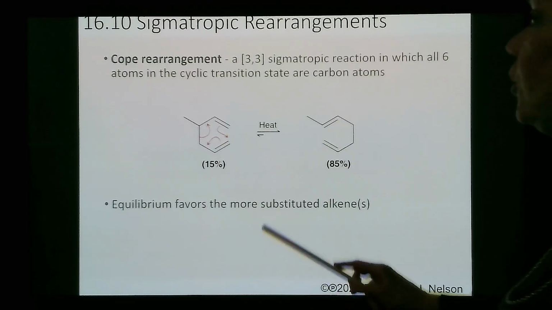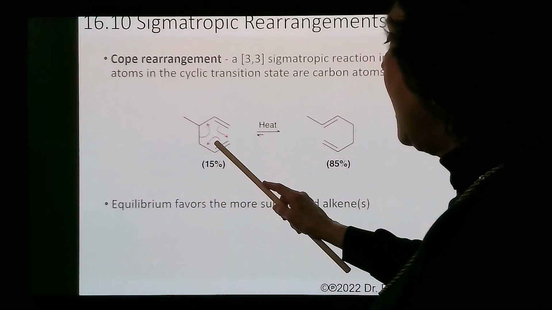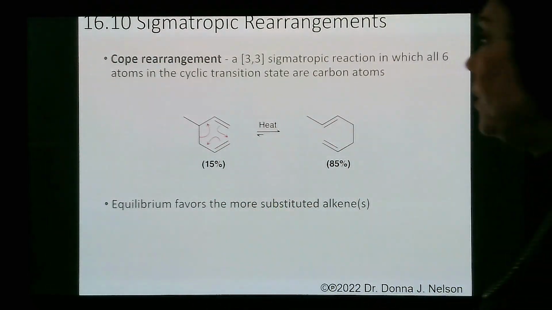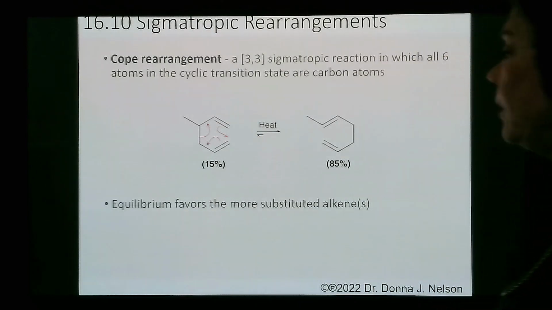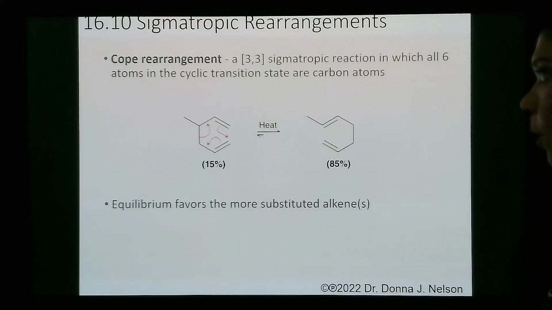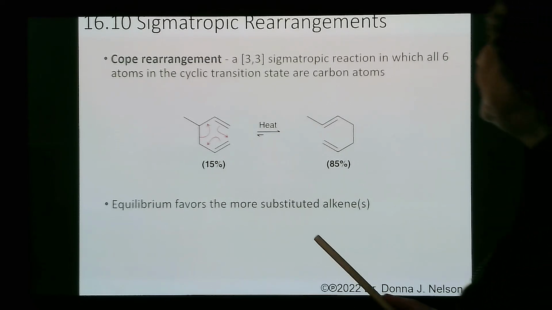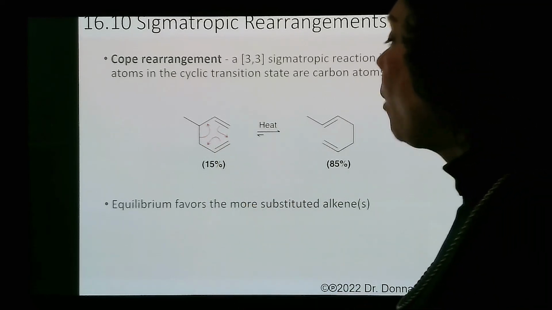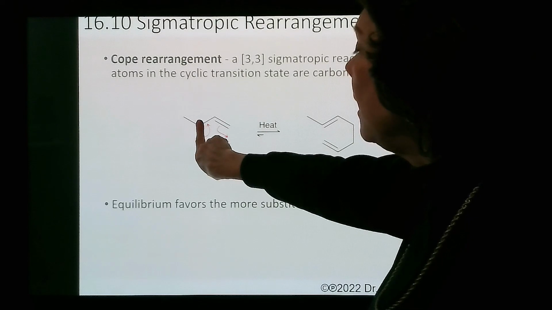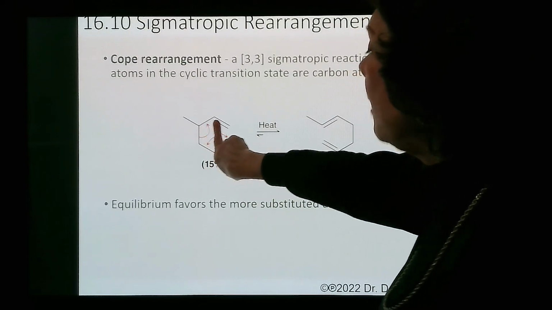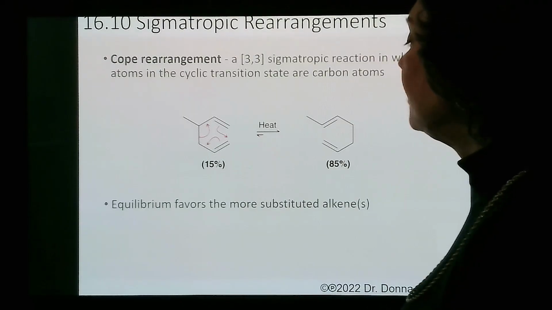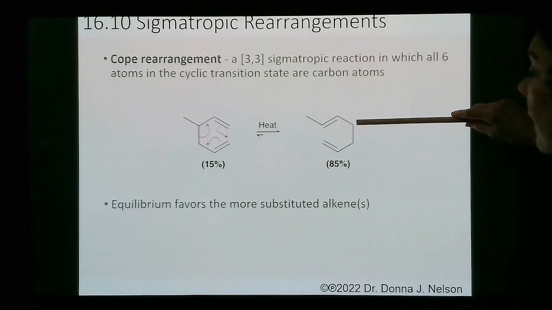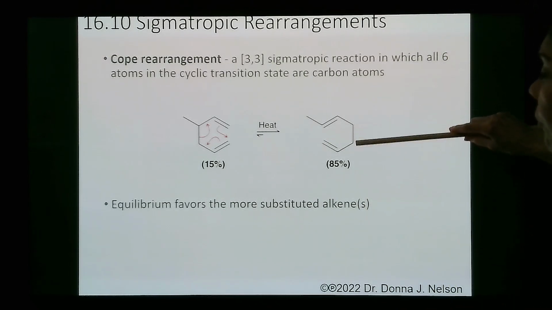This reaction, which is the 3-3 sigmatropic reaction, actually has a name. It's called the Cope rearrangement, although I don't know that that is important for you to know the name Cope rearrangement. But one thing that's very interesting is in this reaction where the carbon-carbon bond migrates down the two pi systems, and it winds up over here.